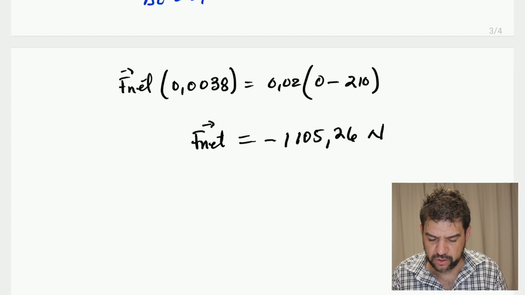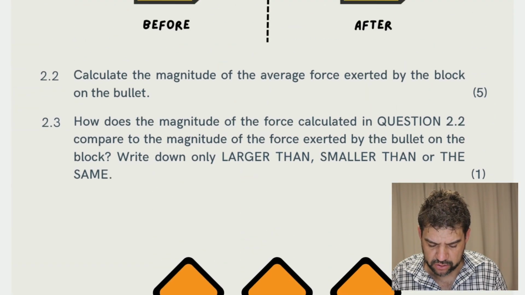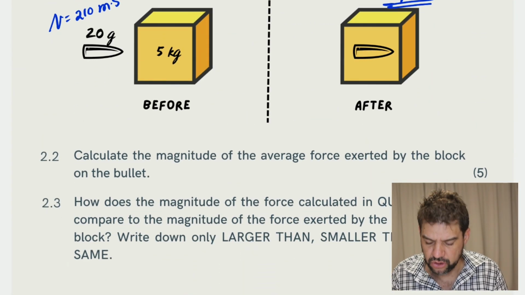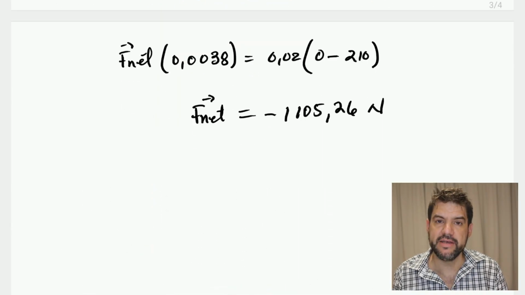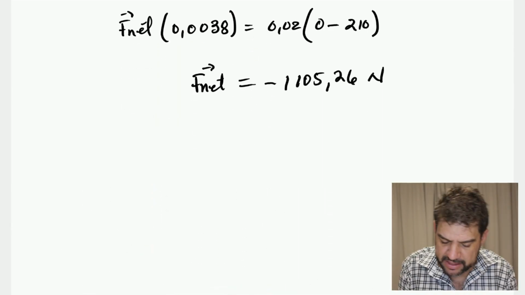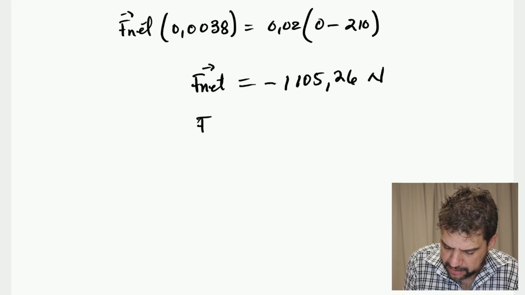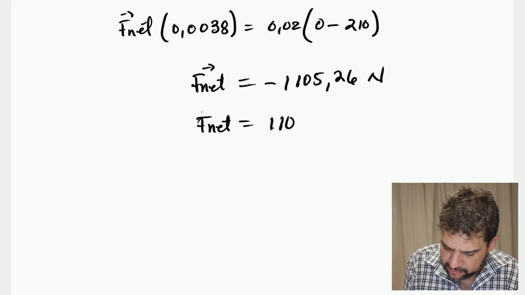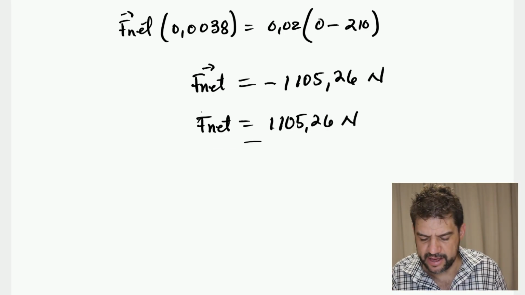Now, let's make sure that we are calculating the correct quantity. Calculate the magnitude of the average force. So if it's a magnitude, the negative cannot be there. The final answer will be F net is equal to 1105.26 newtons. That is the answer.